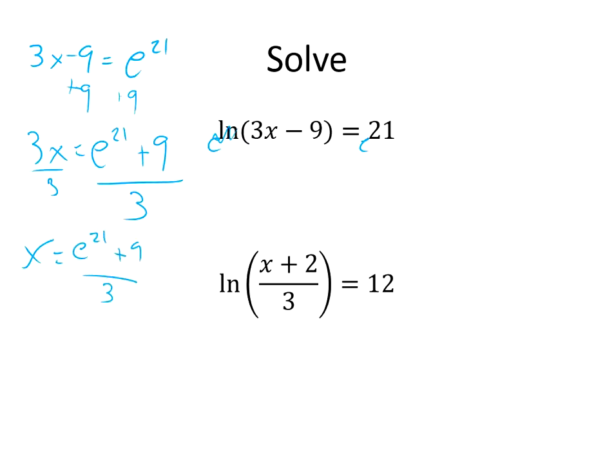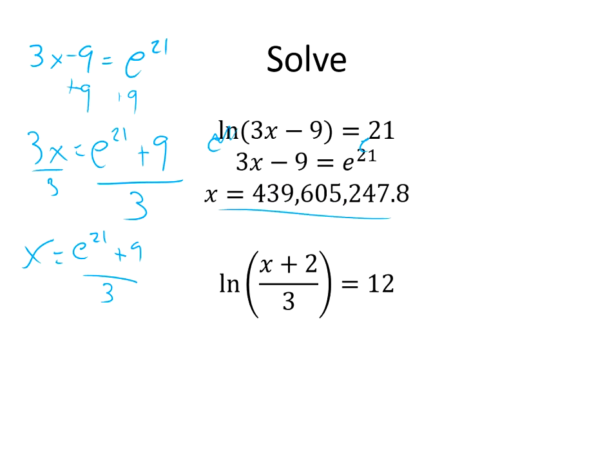Then you calculate that with your calculator, which comes out as a huge number in this case. The reason is that the e graph grows very quickly. Even though x is only 21, it's probably over a billion.